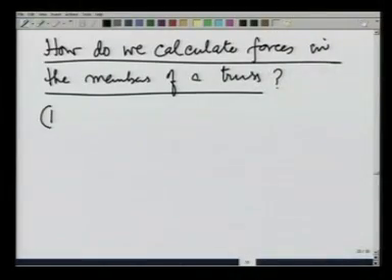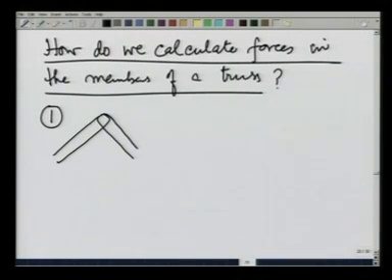Number 1, when these members, which we take to be sort of rods but are wide enough, when the middle lines cut, we are going to take that intersection as a pin joint.